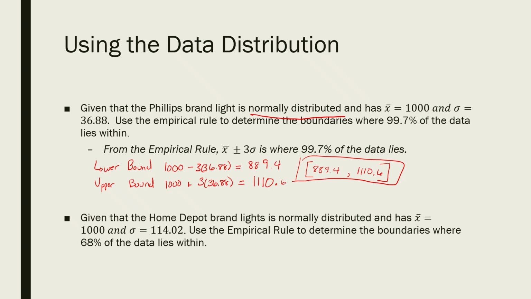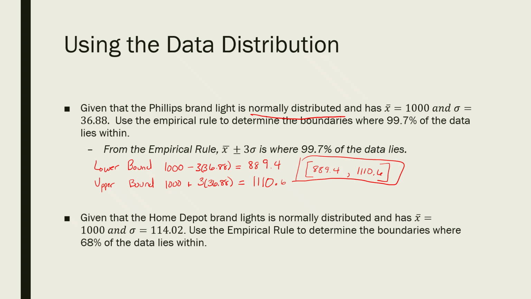Okay. Now, I have a second problem here, and it says, given that the Home Depot brand lights are normally distributed and has a mean of 1,000 and a sigma of 114.02, use the empirical rule to determine the boundaries where 68% of the data lies. All right, I will suggest you pause the video here.